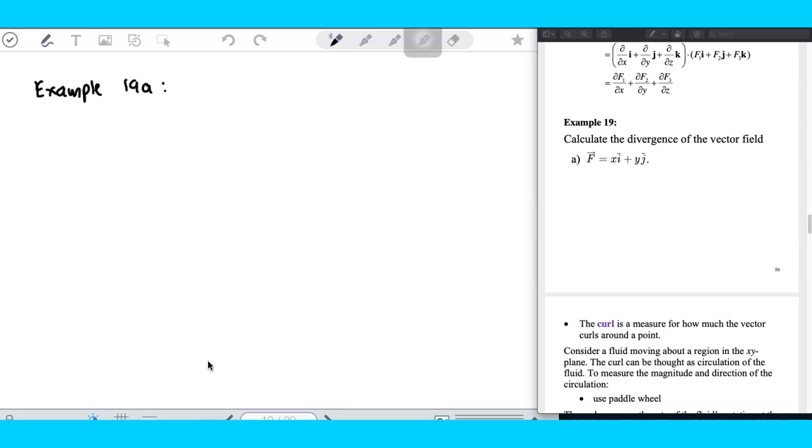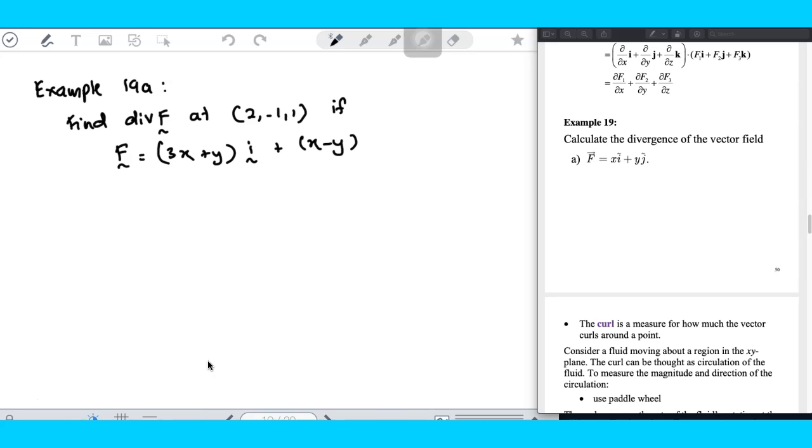Find div f at the point (2, -1, 1), if f is, let's say, I will give it in i, j, k form: (3x + y) i plus (x - y) j plus (y - 2z) k.